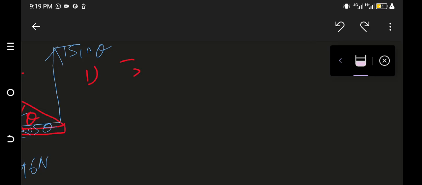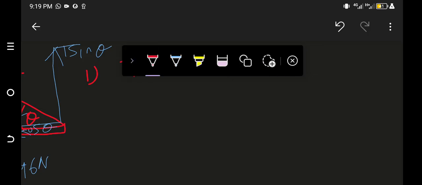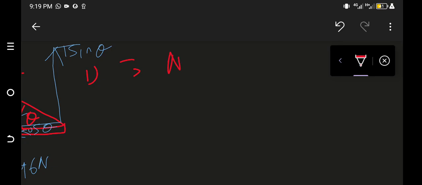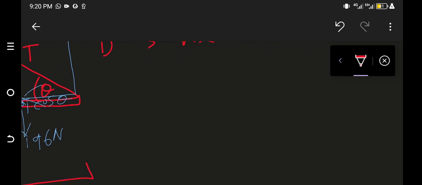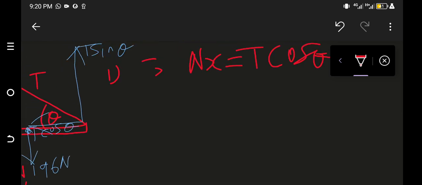Now let me write it on top. Our first equation was Nx is equal to T cos theta. This is our first equation.